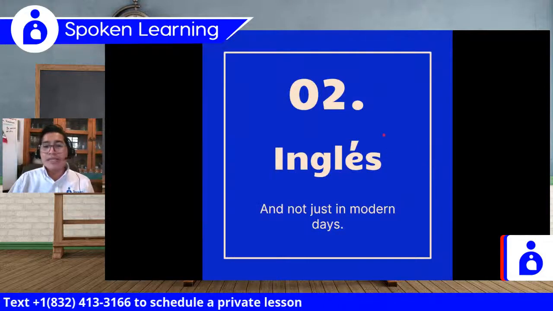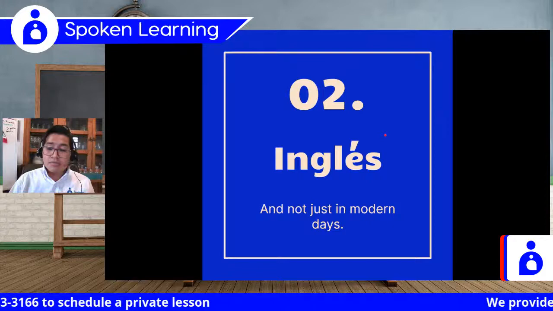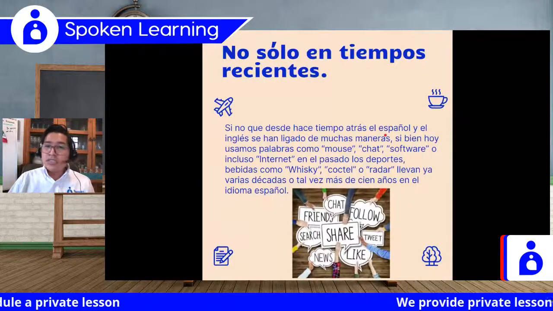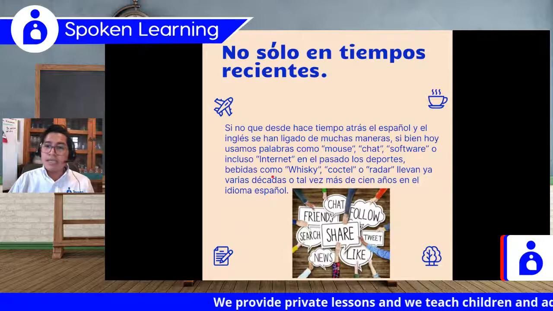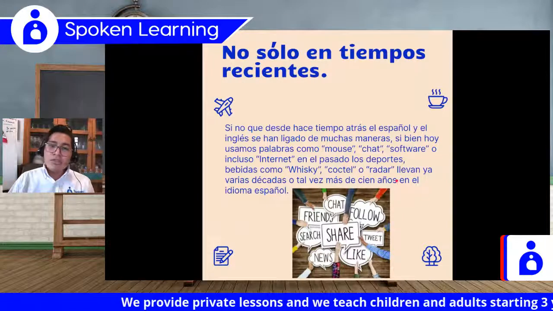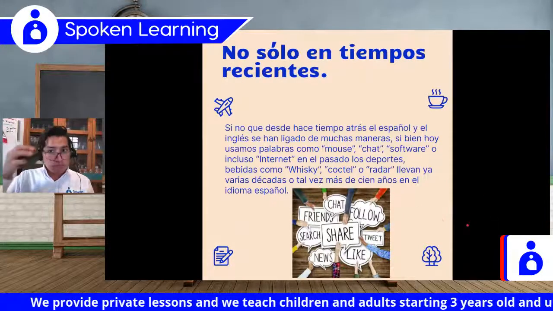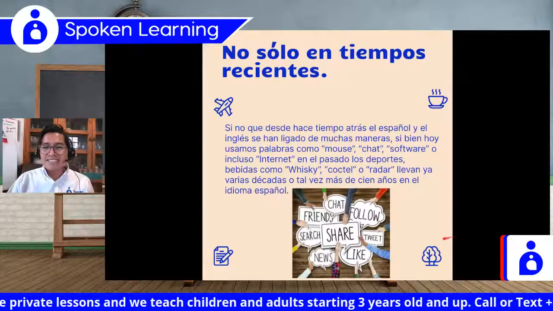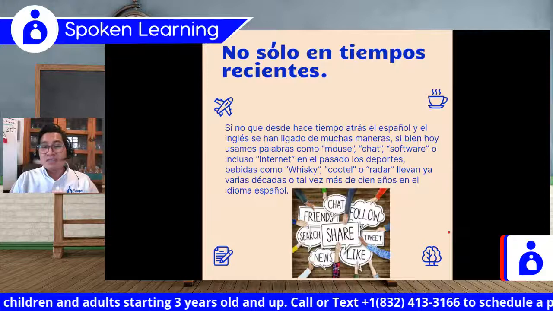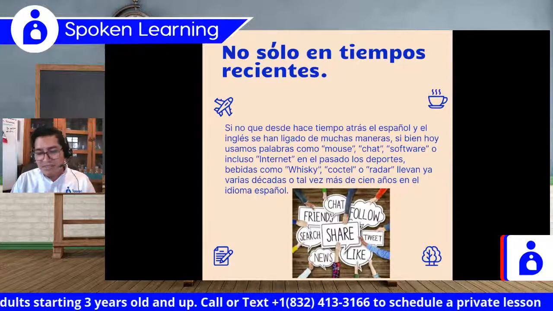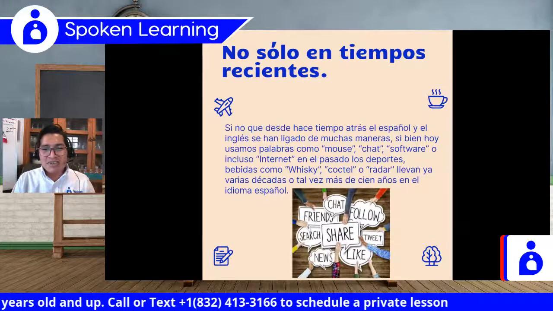The next one, Inglés, and not just in modern days. No solo en tiempos recientes, sino desde hace tiempo atrás, el español y el inglés se han ligado de muchas maneras. Si bien hoy usamos palabras como mouse, chat, software o incluso internet, those words are like very much into Spanish already.